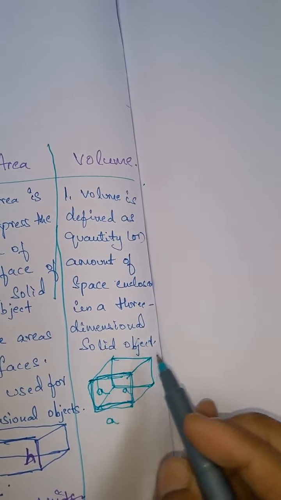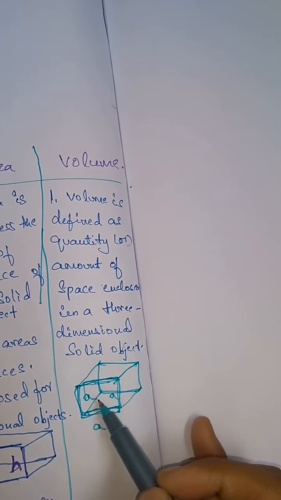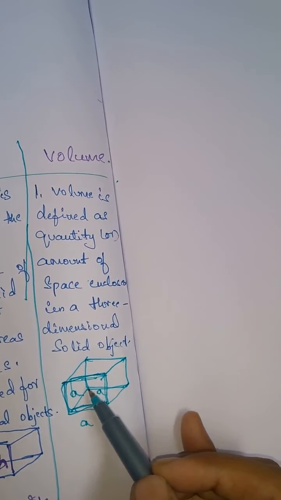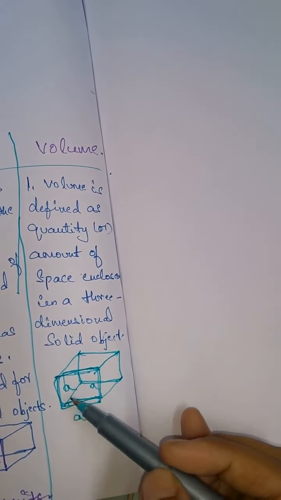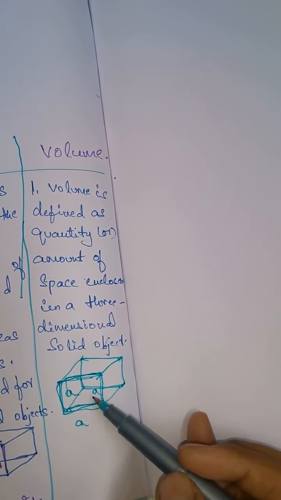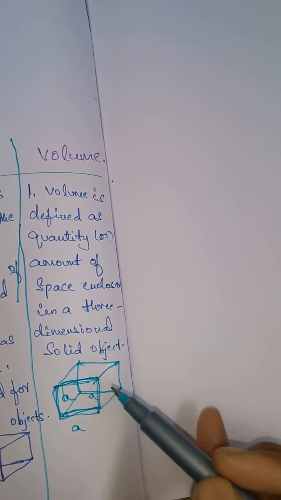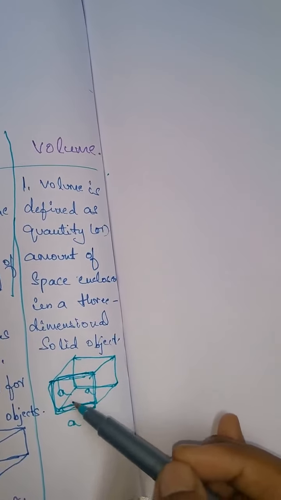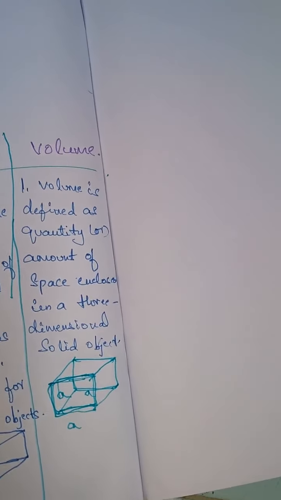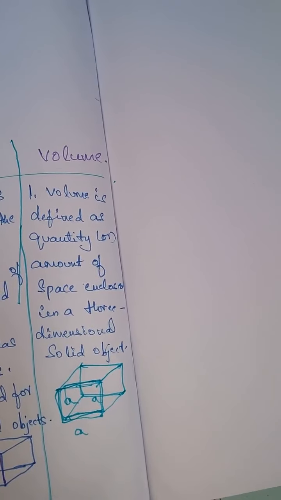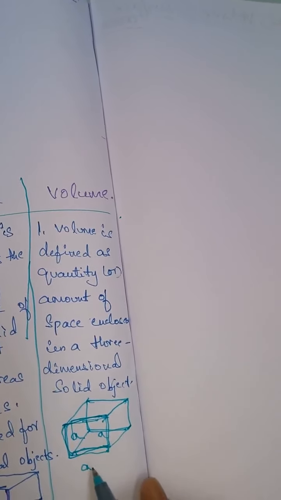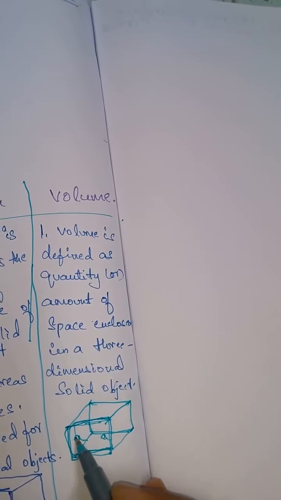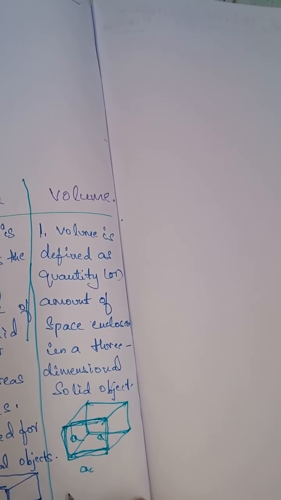So how much amount of matter does it contain? Suppose it is made up of mica, for example. What is the amount of mica present in this cube? How do we find it out? A into A into A, that becomes the volume.